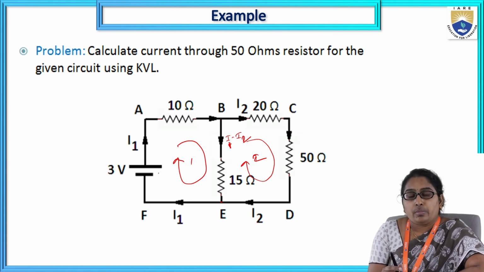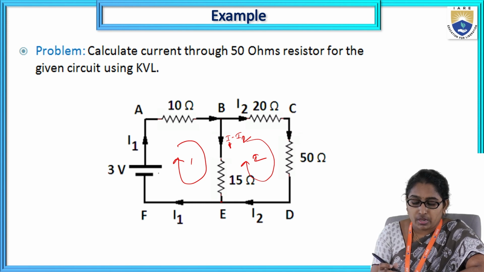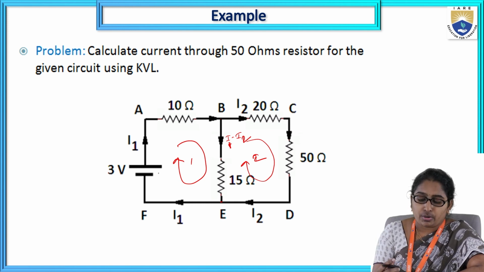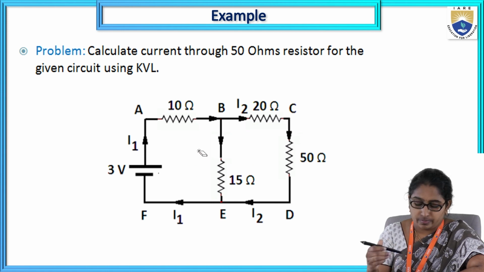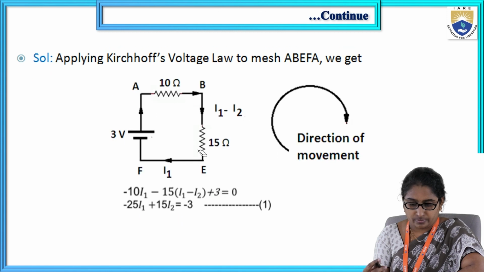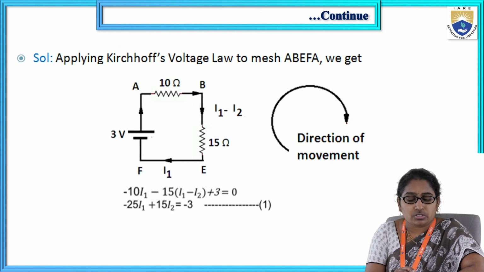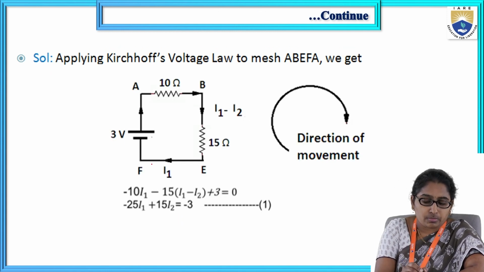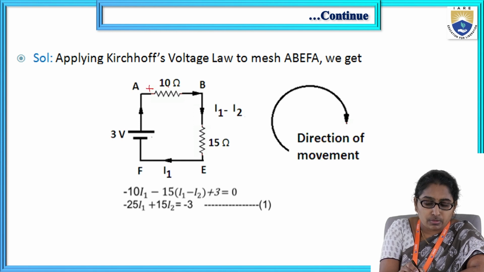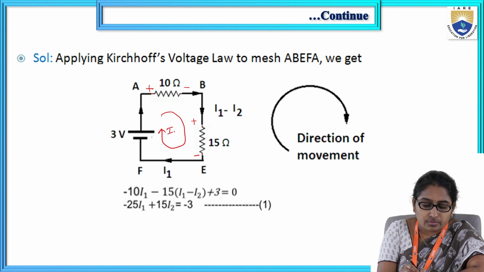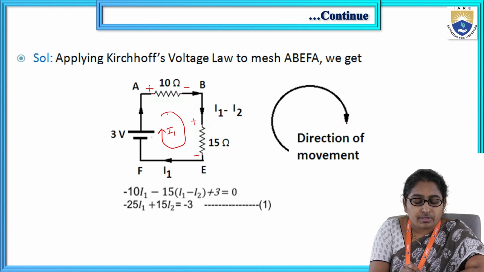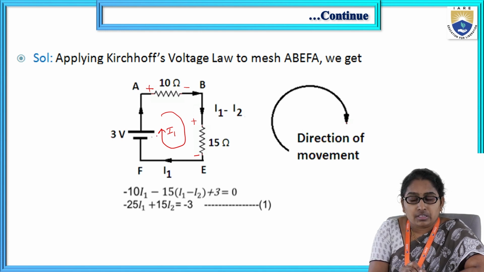Now mark the polarities of IR drops and apply KVL. For the first mesh ABEF, we are going to write the KVL. Before that, mark the polarities. For mesh 1, the mesh current is I1.